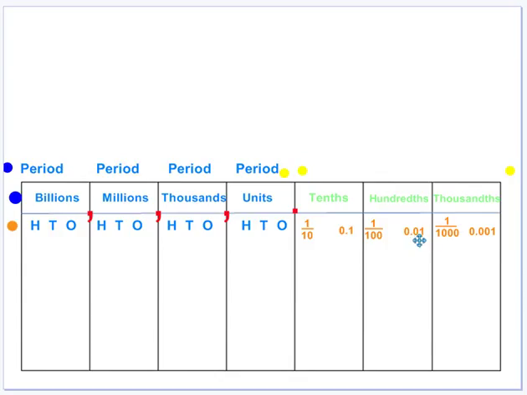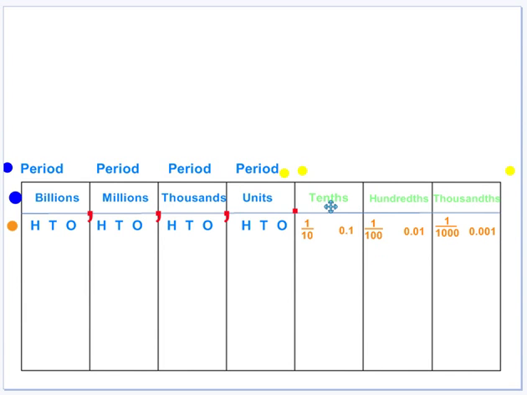So if our decimal goes out 2 places to the right of the decimal, we're at the hundredths place. Then we have the thousandths place, and that's going to be 1 part out of 1,000 parts, or 3 places to the right of the decimal point, okay? So we're going to stick that 1 three places to the right of the decimal point in order for it to be 1,000th, okay?